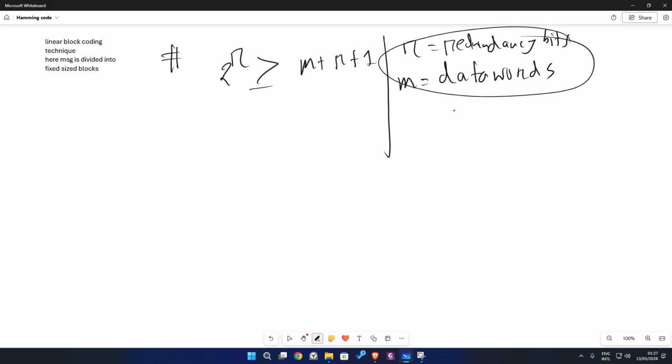Together this is the code word. So our code word is the combination of the data word and the redundancy bits.